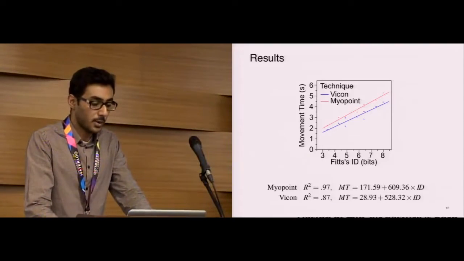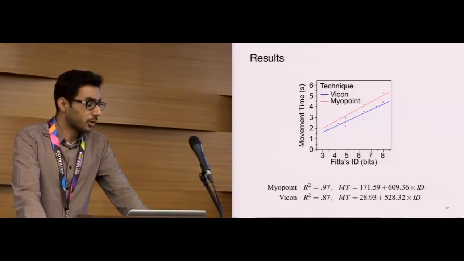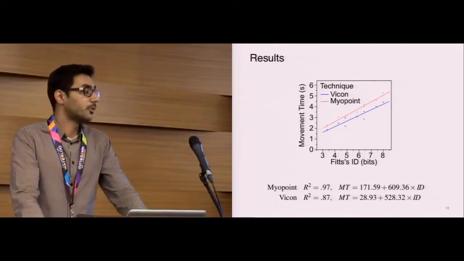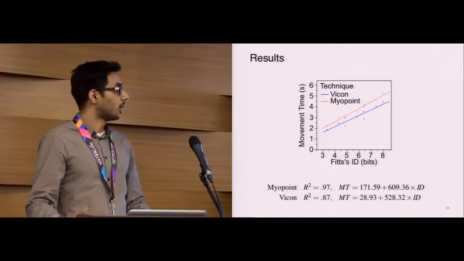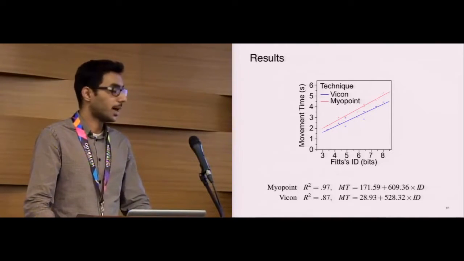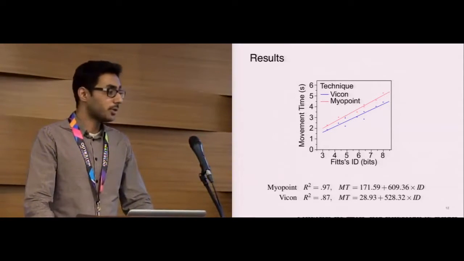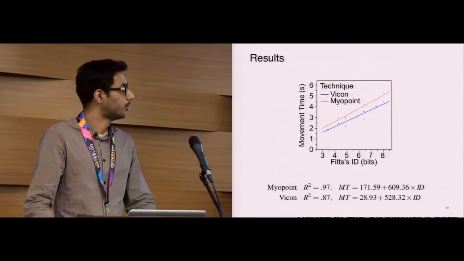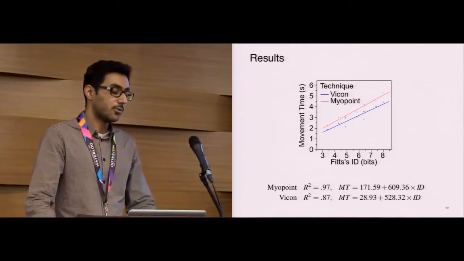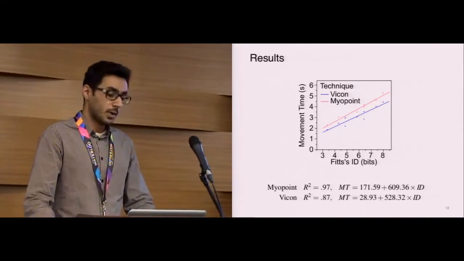So let's take a look at the results. So in terms of our average time for the task completion, across our Fitts IDs, we're about 500 milliseconds slower.